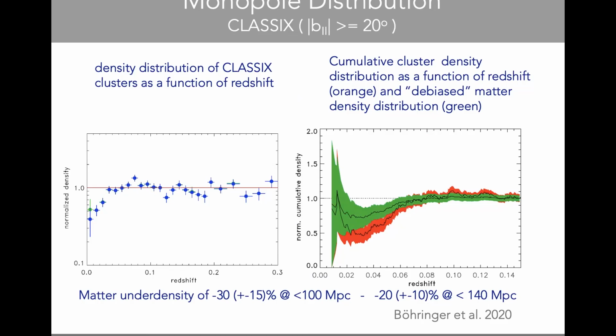Yes, in principle you should find both. You should find underdense regions and you should find overdense regions. What is happening here is that if we are nearby, the volume is very small and we are averaging over something small. The more we go out, the volume in the shell increases by the distance squared. So the volume rapidly becomes larger, and here we are in a regime where the shell is large enough to average over everything.